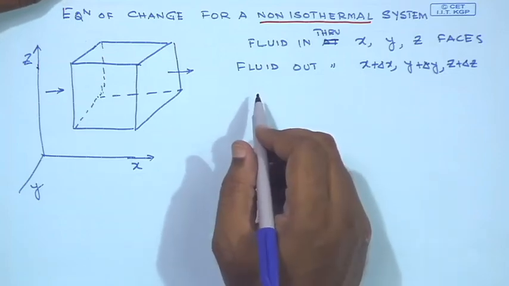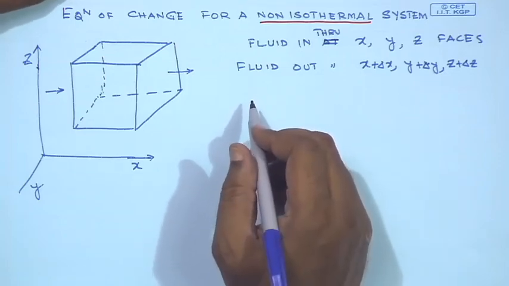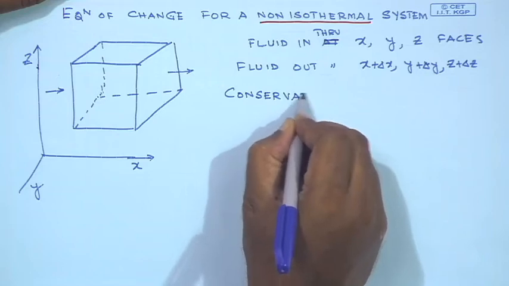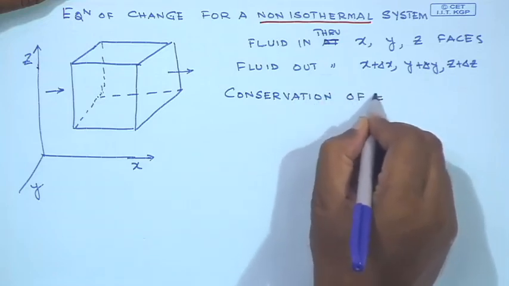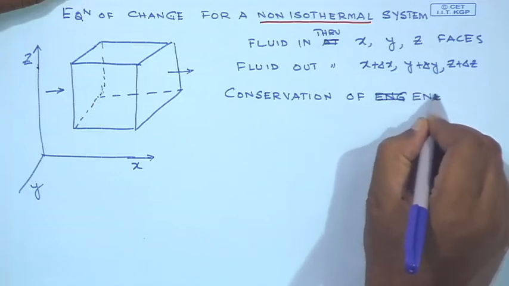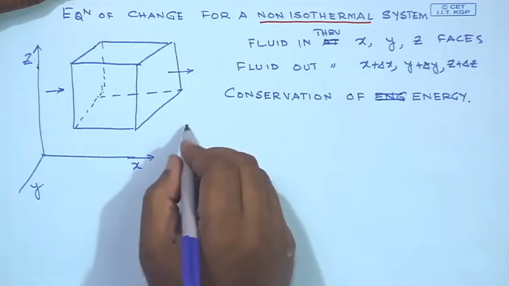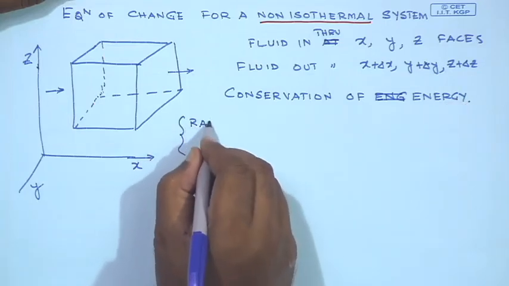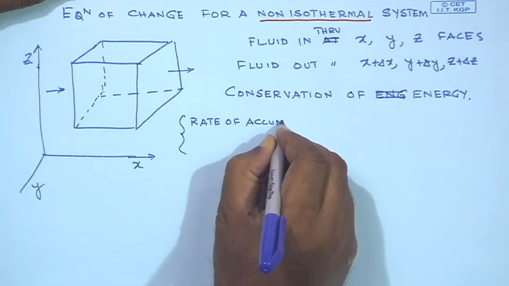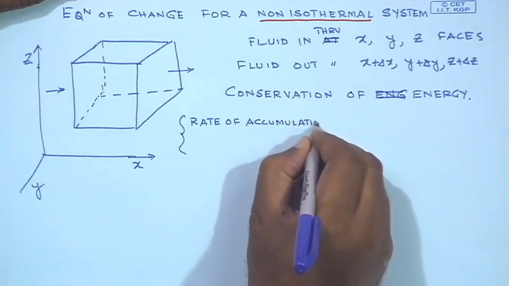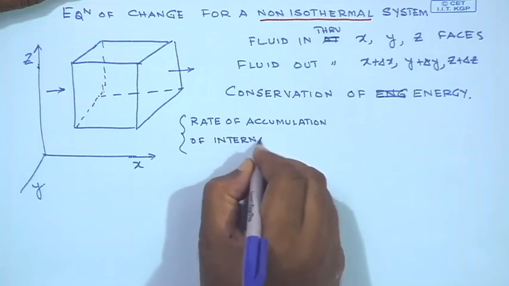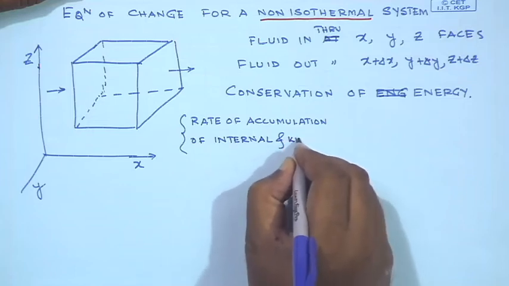So, if I write the energy equation, the conservation of energy for such a system, then one can write as rate of accumulation of internal and kinetic energy.